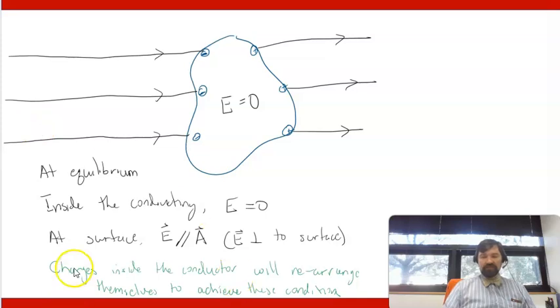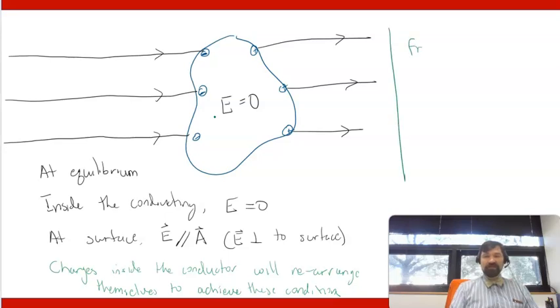The last condition here, or the last implication, is that the charges within the conducting material will tend to rearrange themselves to make these two conditions happen. And if you look at the picture again, you can see that the charges are all at the surface.